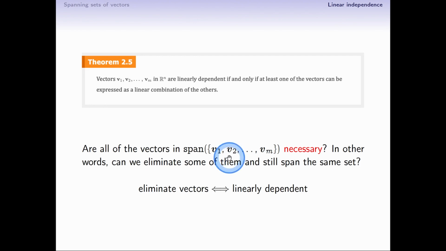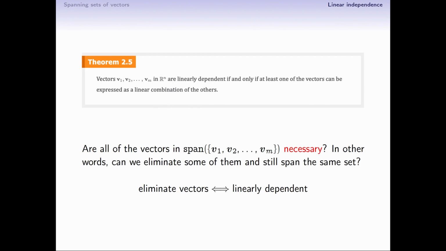So v2 in some sense is inessential or unnecessary. So in general, if there's any vector in this collection that can be expressed as a linear combination of the others, then it can be safely removed from the span without reducing the span at all, without destroying the span at all.